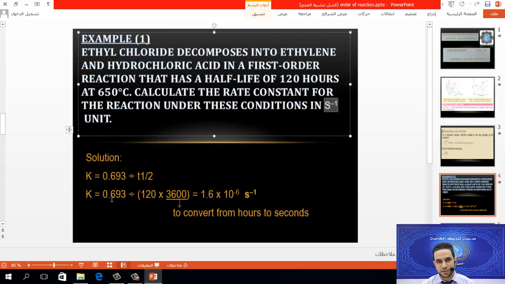So now K equals 0.693 divided by 120 times 3600, to convert from hours to seconds. You now get the value of K, 1.6 times 10 to the power -6 in second -1. So this was a question in the final exam of last year.